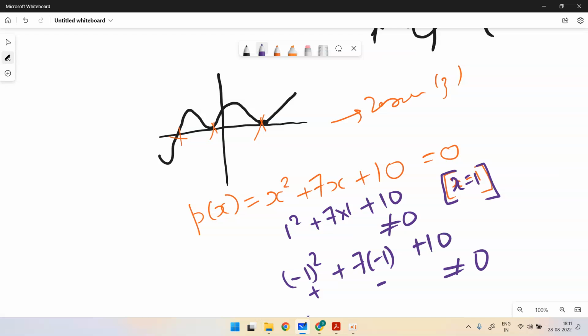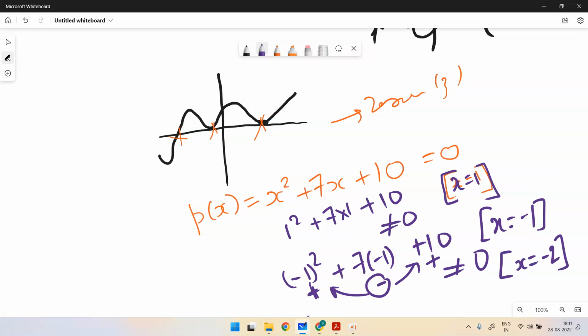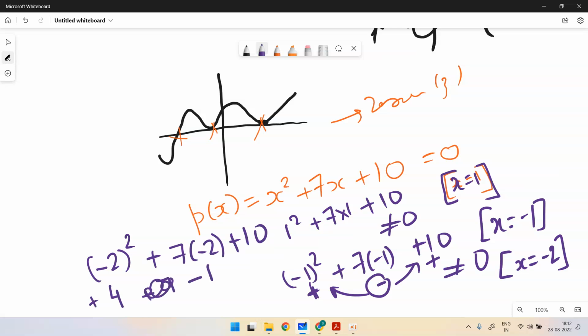Now you know that if you put negative numbers here, then this will always be positive, and only this will cancel the sum of these two. So the next number you should take is x equal to minus 2. Now if you take x equal to minus 2, this is plus 4, this is minus 14, plus 10.